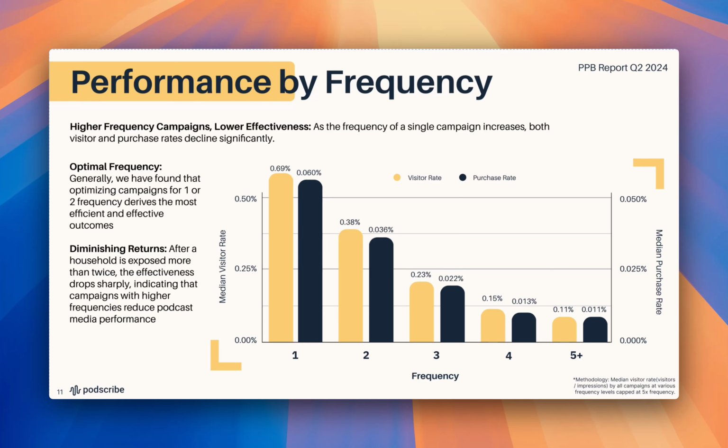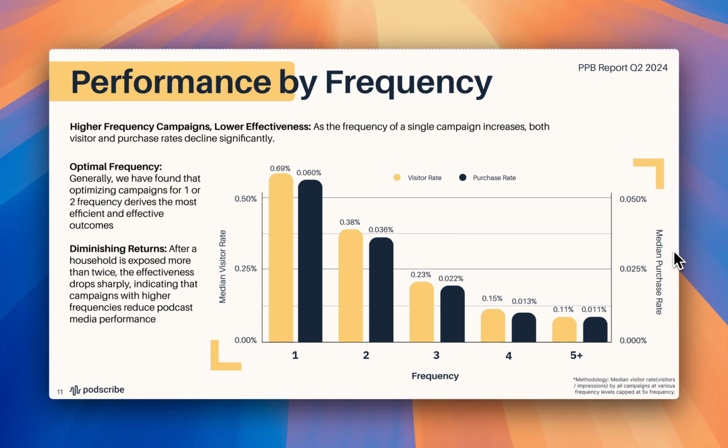The way that we think about this is more at the line item level of an IO. So a single campaign might be a single run of network line item, a single audience buy, or a single episode or baked-in ad or faked-in ad. When we think about frequency and when we talk about campaigns, that's really what we mean. So as we see frequency go up within these campaigns, that's where the diminishing returns really start to surface.